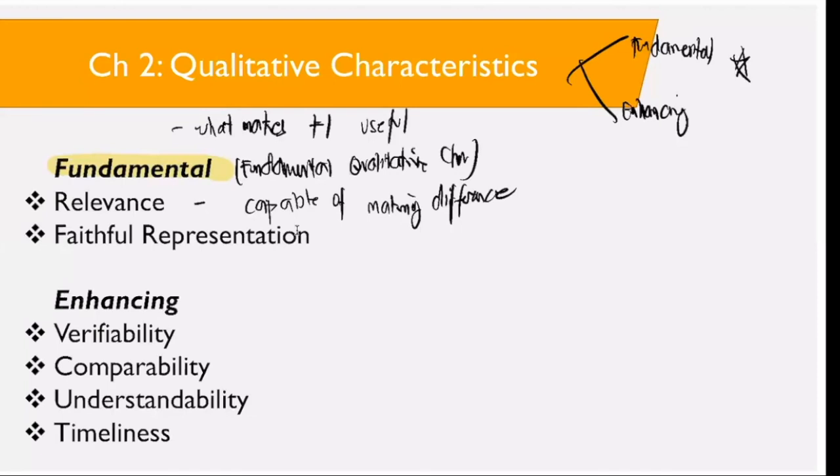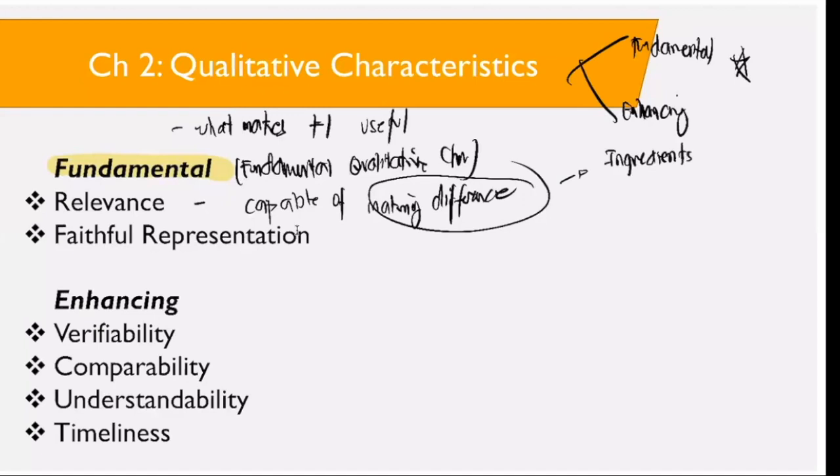So out of the transaction or event, we need to look whether that particular transaction or event can make a difference. Now, when can we say that it can make a difference? We can say that it can make a difference if the following ingredients are present. So what are the ingredients?